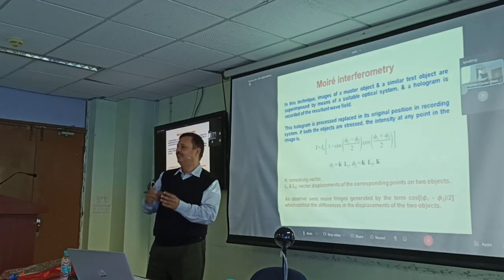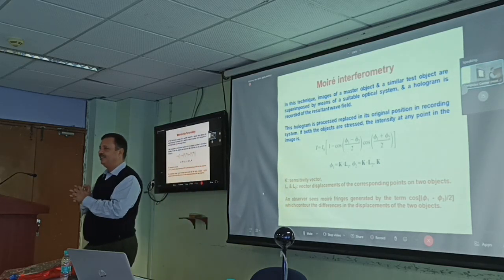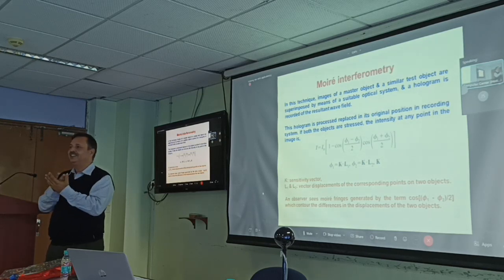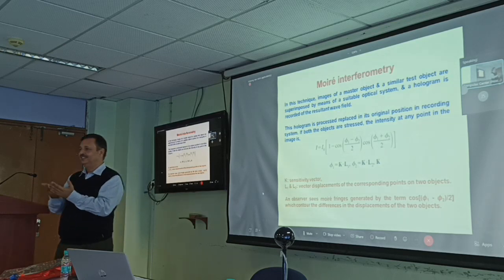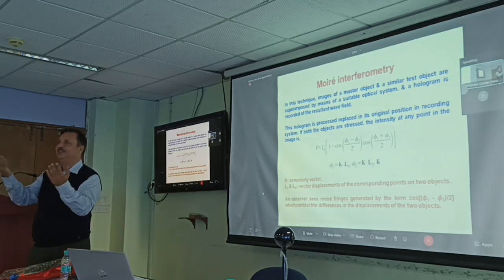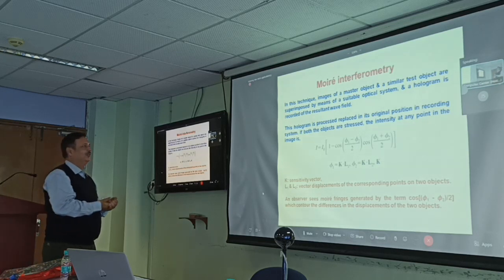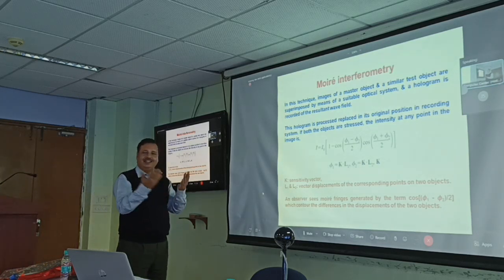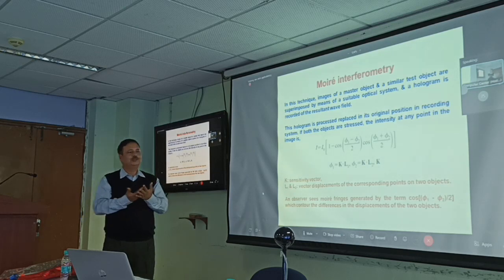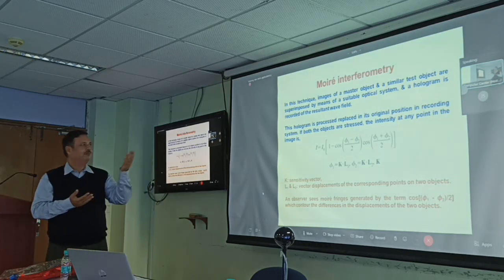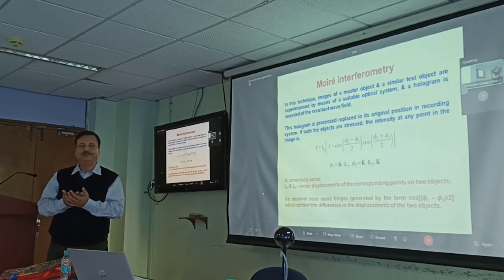Yesterday somebody asked about this Moire pattern also. So what is Moire interferometry? As I said yesterday, you can take a net or anything, and in many ways you can produce Moire patterns. The image of a master object and a similar test object are superimposed by means of a suitable optical system.